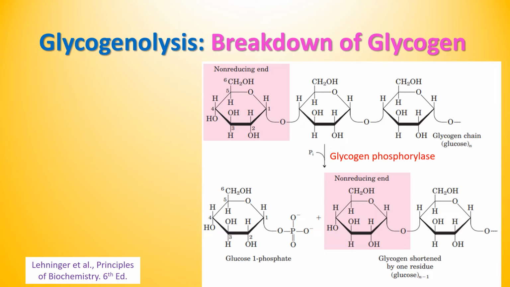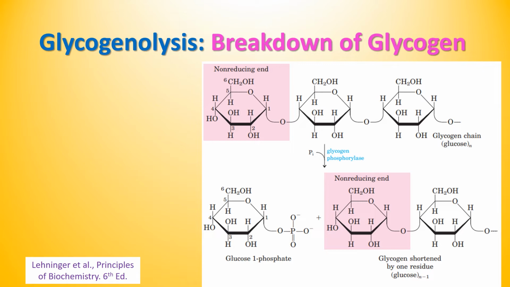It removes the terminal glucose residue as glucose 1-phosphate. If you look at the bottom left of the picture, there is glucose 1-phosphate formation due to glycogen phosphorylase. Lehninger explained this.